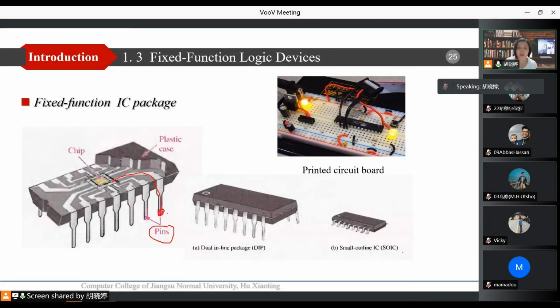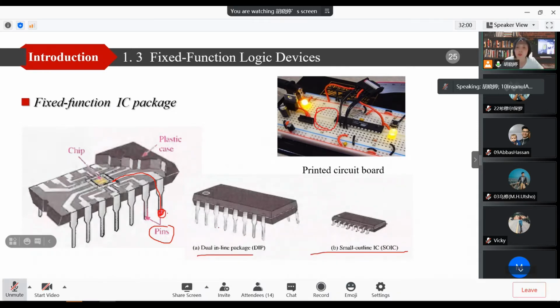So here are two kinds of IC package. That is the dual-in-line package. You can insert these pins into a PCB, for example, like this.